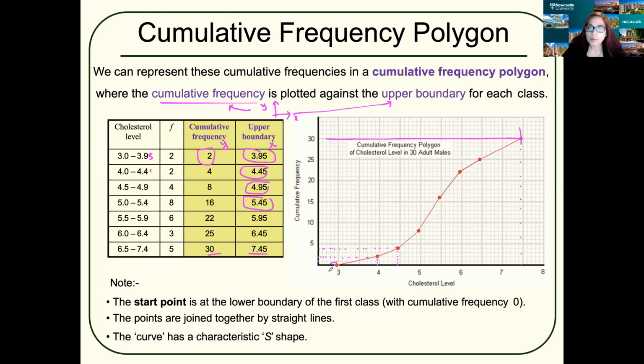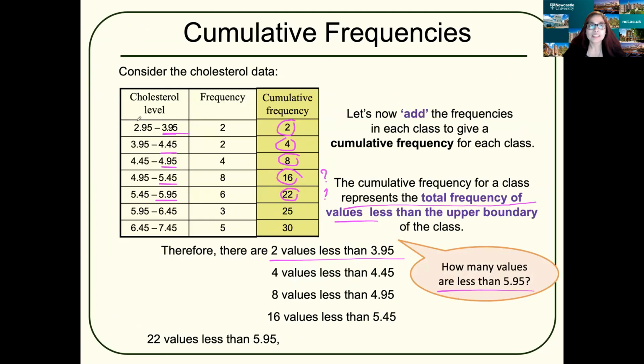But look at this point. What is this point? This is the lower class boundary of the first class, the 2.95. Let me show you here. See, that is the lower class boundary of the first class.